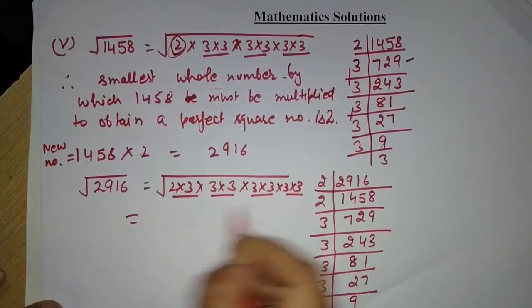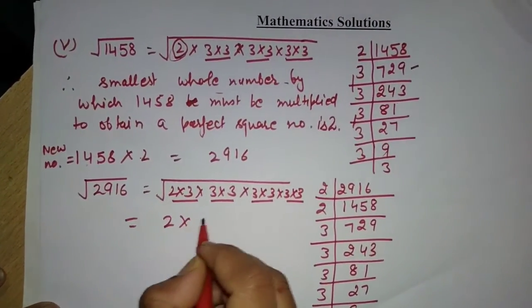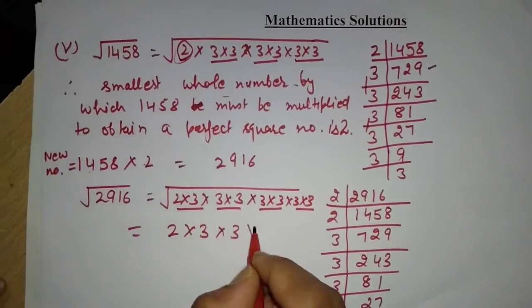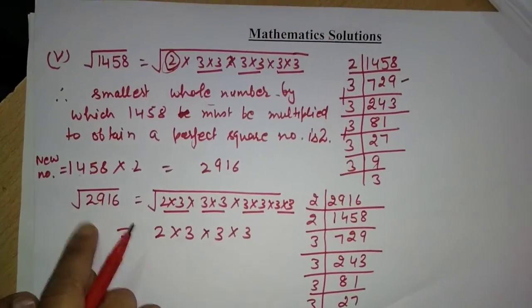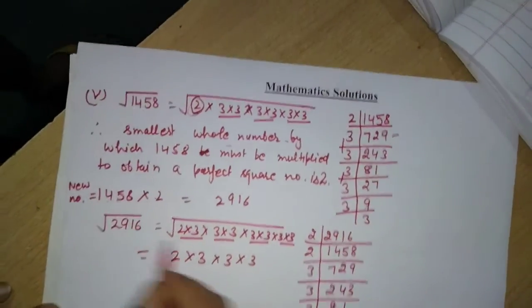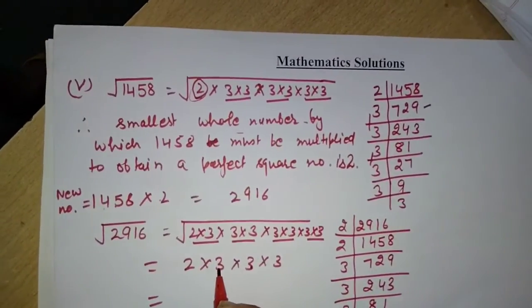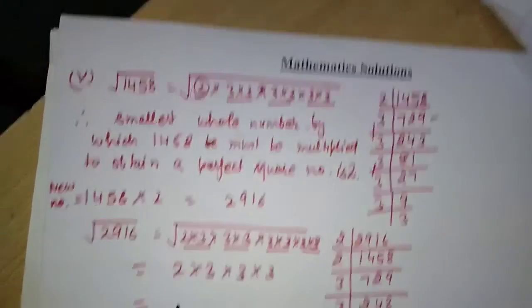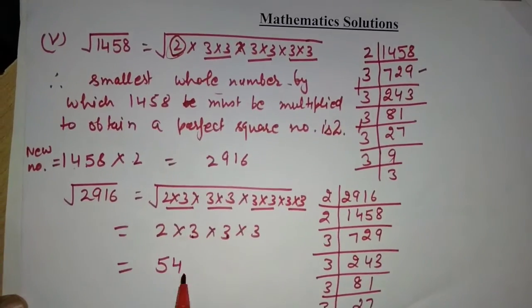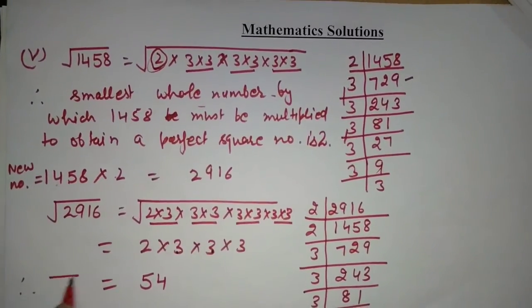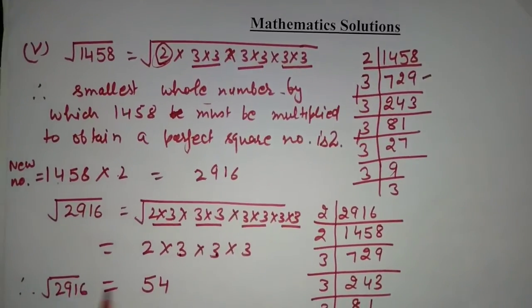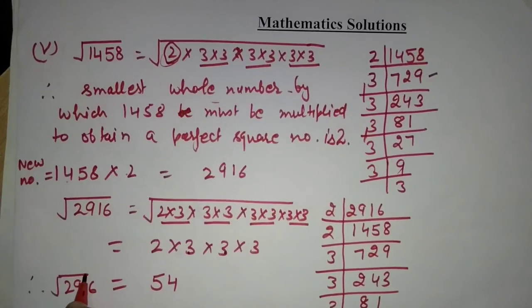Take one member out of each pair and find their product to get the square root of this new number. 3 3s are 9, 9 3s are 27, 27 2s are 54. Therefore the square root of 2916 is 54.